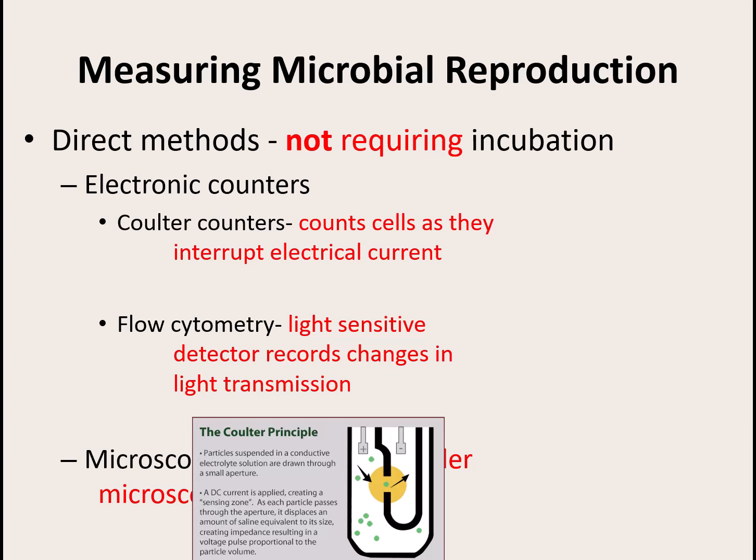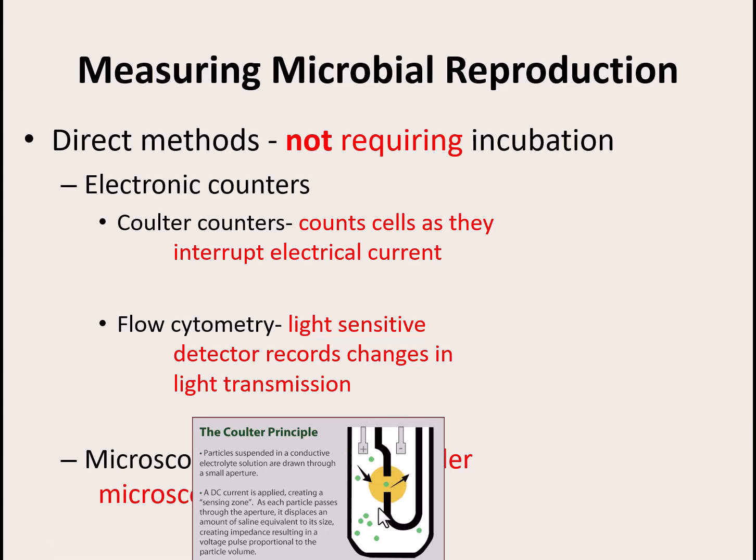We can put bacteria in a broth, in a fluid, and we put this electronic device in the fluid, but there is a gap, and anytime a bacteria cell interrupts that electrical current, the instrument records that as a bacteria cell. So the more bacteria cells that are present, the more interruption of that electrical flow. And it can actually make a pretty good guesstimate of how many bacteria are present, say per milliliter in that fluid.